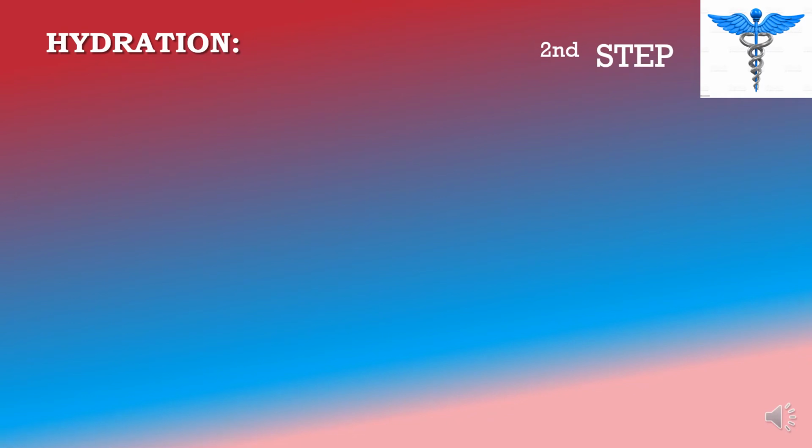Now we are going to discuss the second step in beta oxidation proper, and that is hydration. In hydration, the delta 2 trans-enoyl coenzyme A that was the product in the first step is now a reactant in the second step.